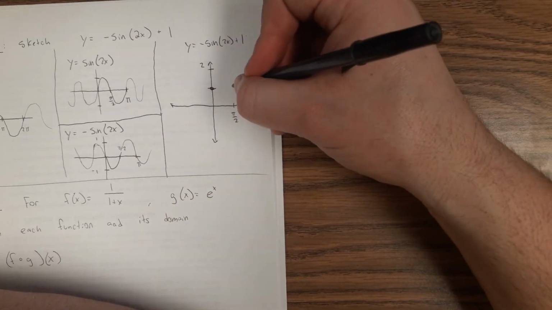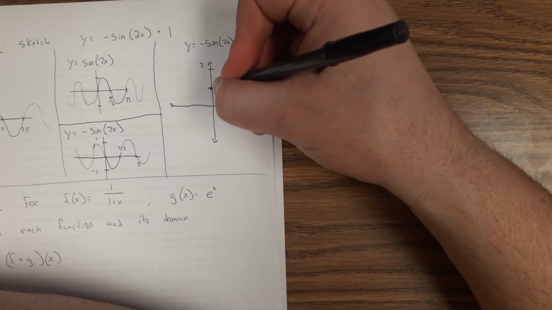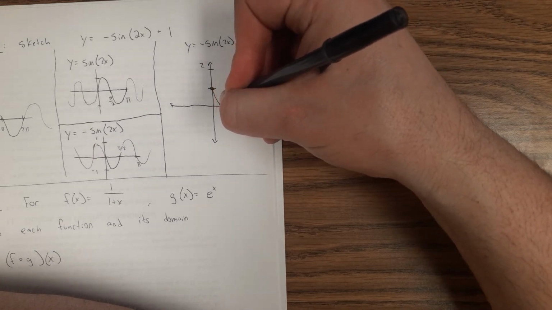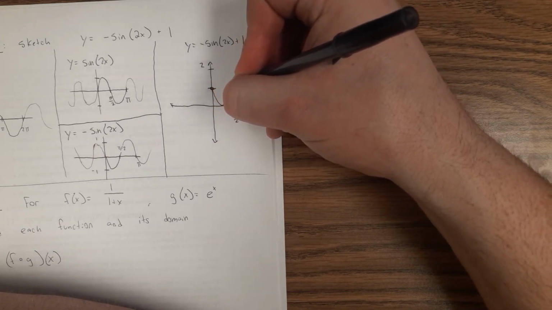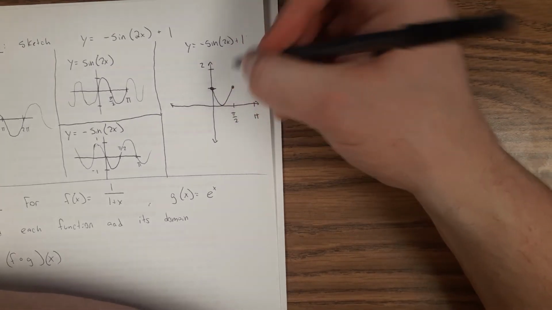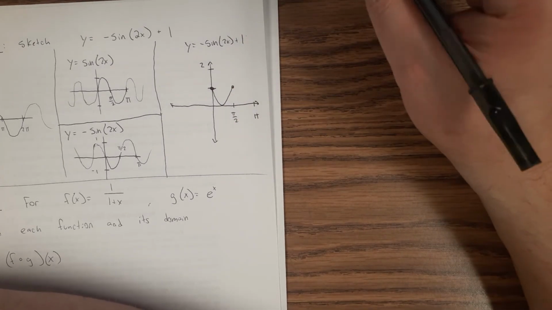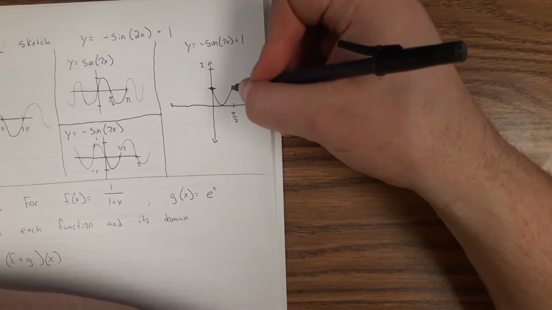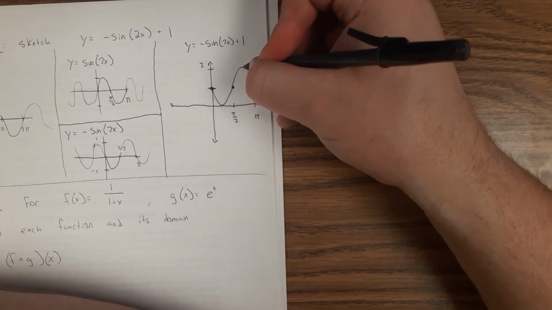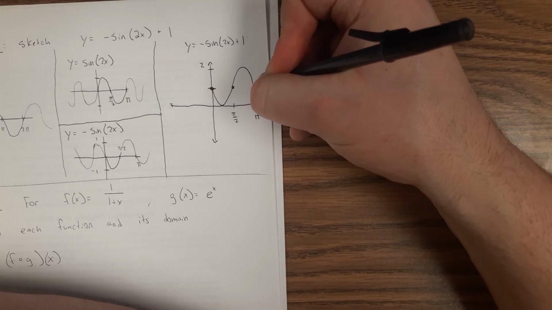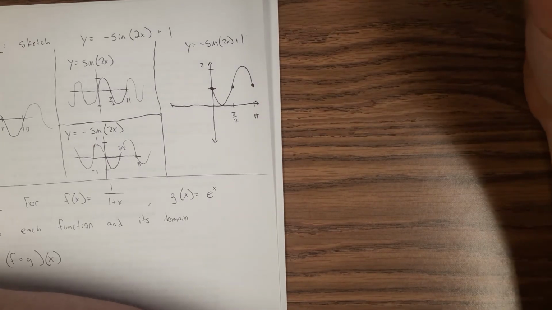So let me draw that. Starting from here, I have a downward hump. The low point is 0, and then I'm back here at pi over 2. Then there's an upward hump, the very high point is 2, and I'm back here by pi.